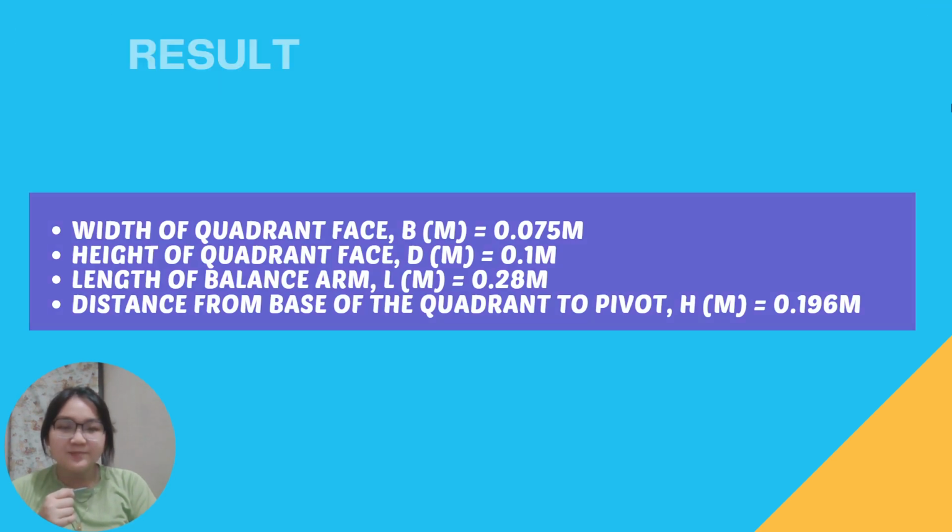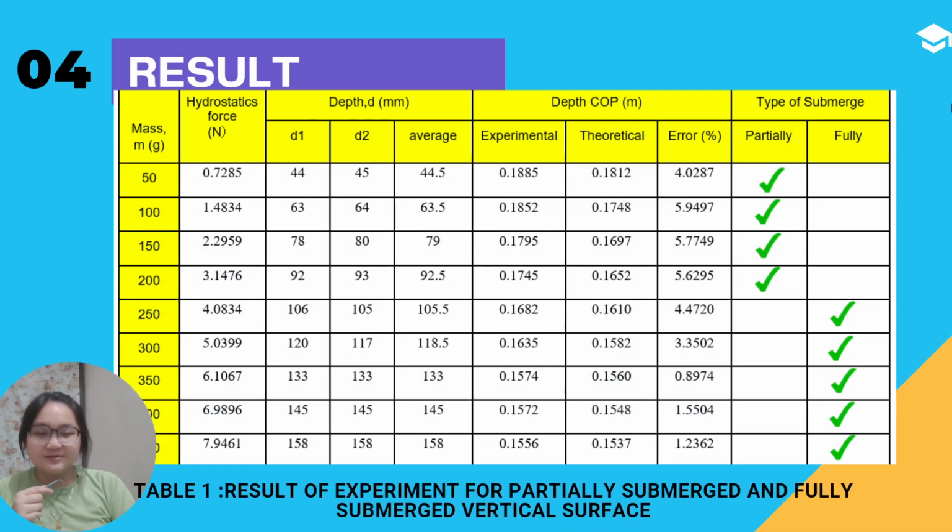In this experiment, we measure the hydrostatic forces, depth, and type of submersion for different masses. The table below summarizes the experimental and theoretical values, as well as the calculated error percentage for both partially submerged and fully submerged vertical surfaces. We observed that as the mass increased, so did the hydrostatic force exerted by the water.